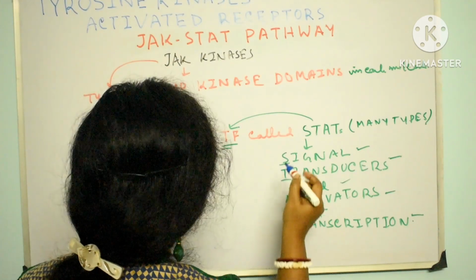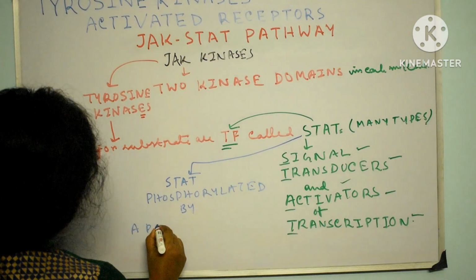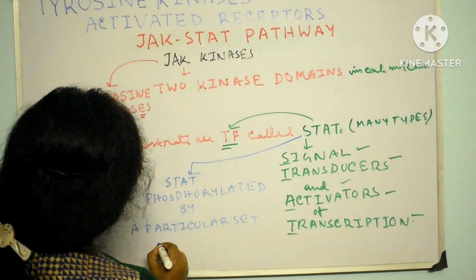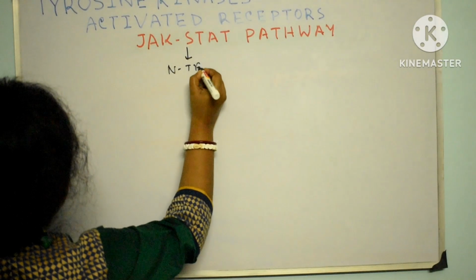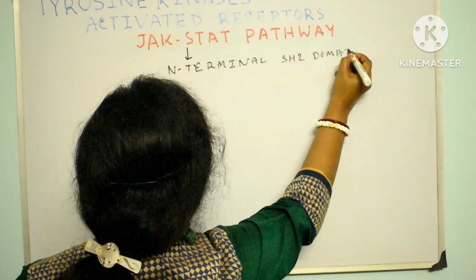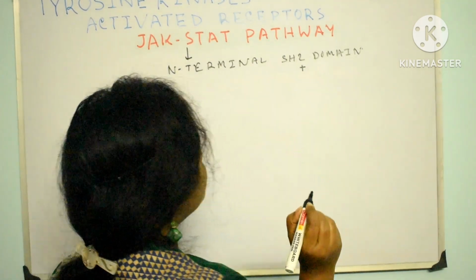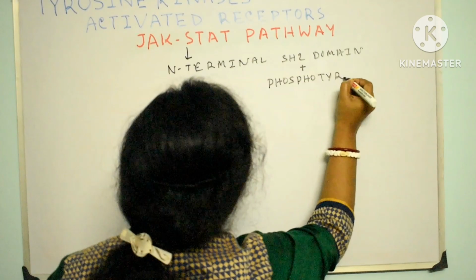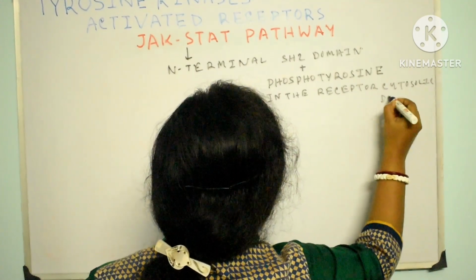Each STAT is phosphorylated by a particular set of Janus kinases or JAKs, and all STAT proteins contain an N-terminal SH2 domain, and through this domain it binds to phosphotyrosine in the receptor cytosolic domain.